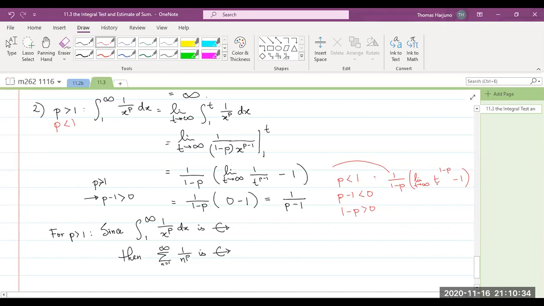Agree? But t goes to infinity, right? Then it goes to infinity. It's divergent. For p less than 1, the integral from 1 to infinity of 1 over x to the p dx is divergent. Then the p series for p less than 1 is also divergent.